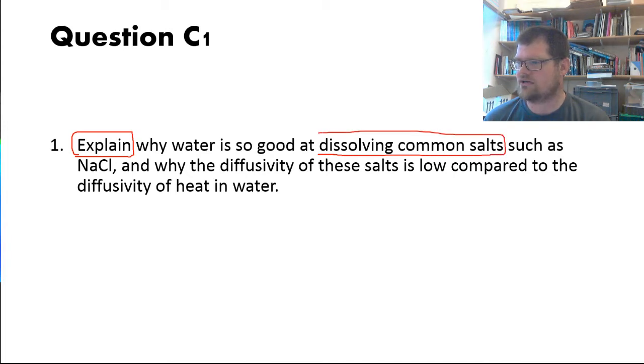And the second part of the question is about diffusivity. And why is the diffusivity of salt low? So we're really asking you why salt diffuses slowly compared to heat diffusing through water. And there was a little bit of confusion about what was actually meant by that in some of your answers.